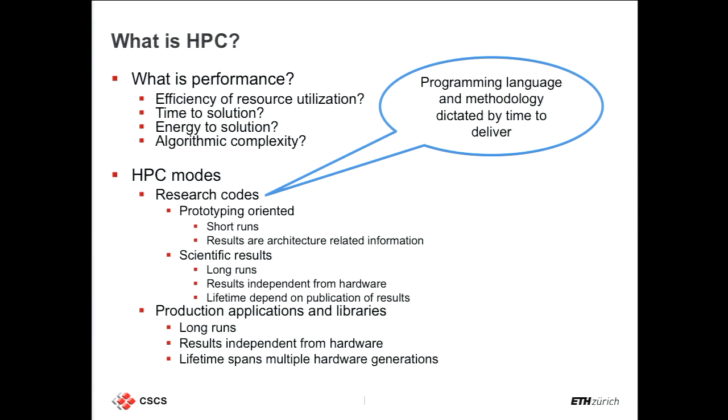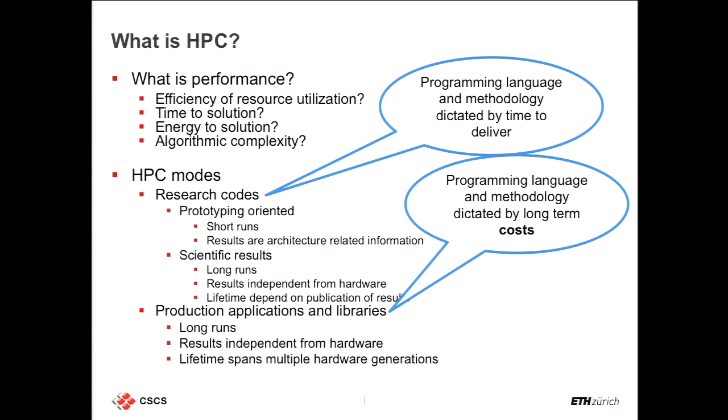So in the first case, the programming language and the methodology are basically dictated by the time to deliver and the objective that you have. It doesn't matter, right? You write in Fortran, you write in C, C++, Python, whatever is the thing that allows you to get that particular result.